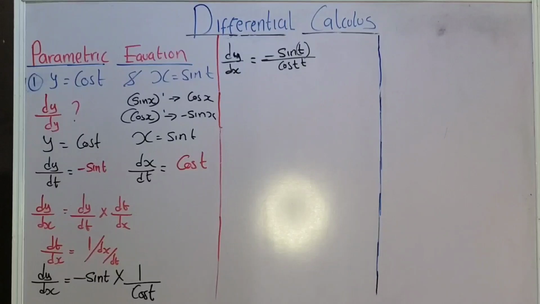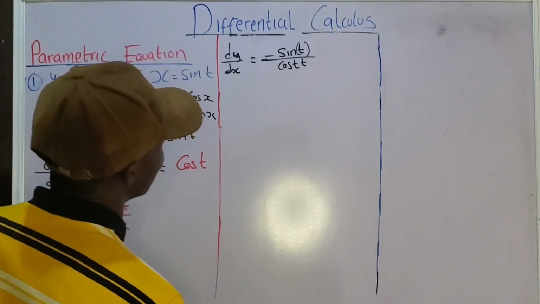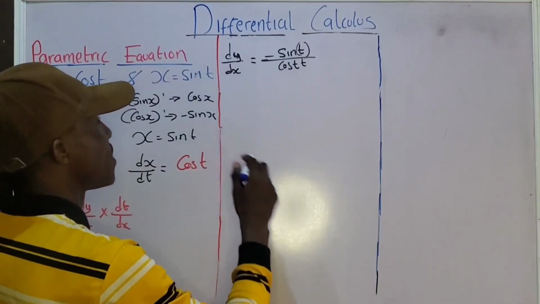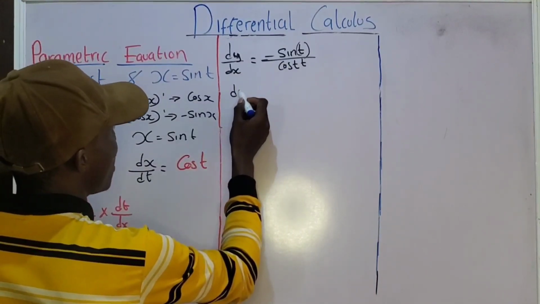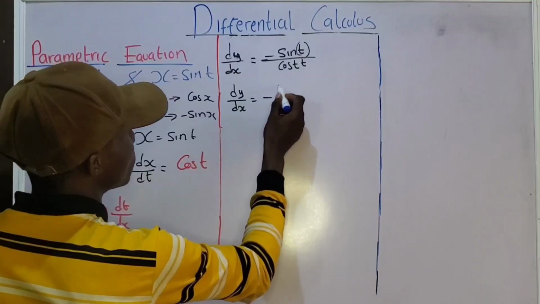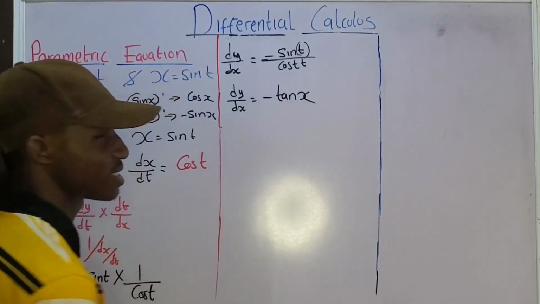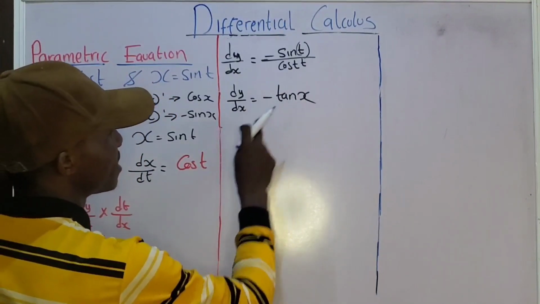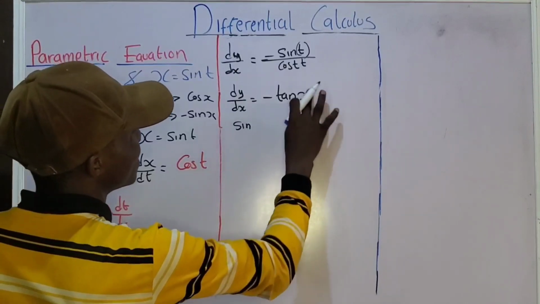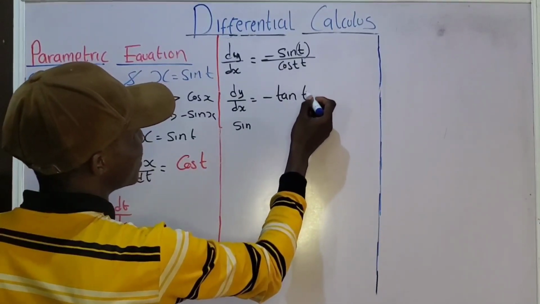Now, don't forget, from basic trigonometry, the quotient of sin x over cos x gives us tan x. So here we have minus sin t over cos t. So dy/dx will be equal to minus tan t.